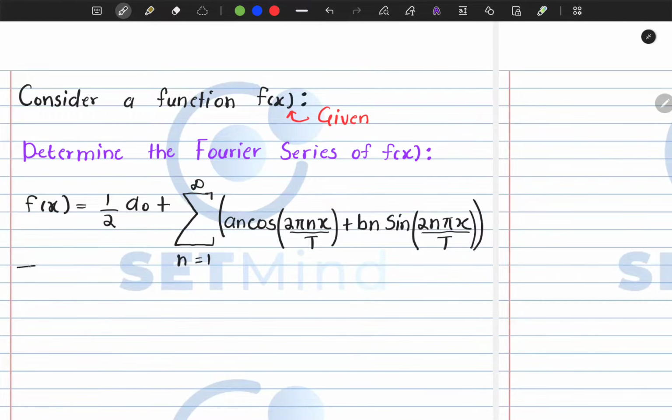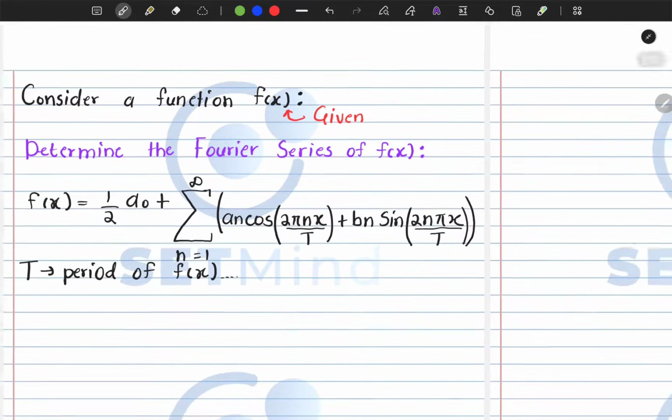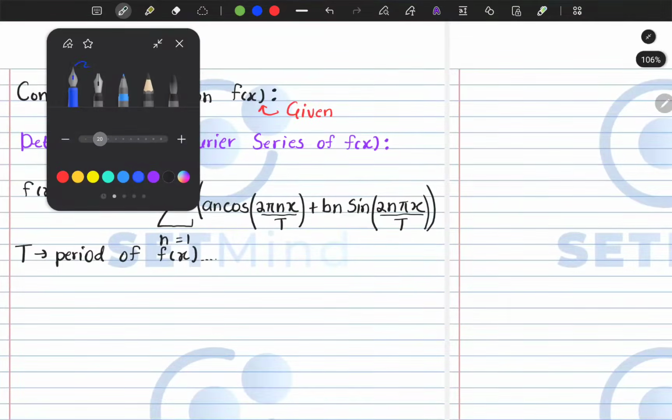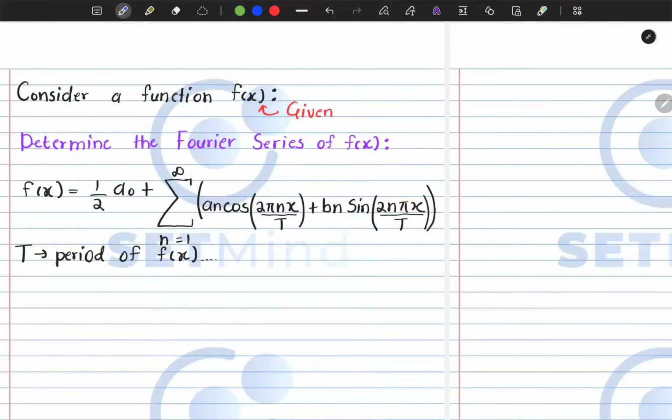As mentioned, in this expression, our T is the period. Specifically, it is the period of f of x. And for the most part, for our Fourier series, we are going to work with periodic functions.